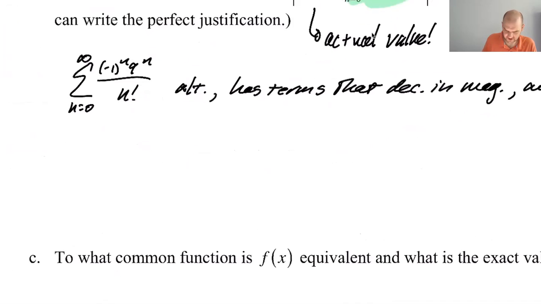Okay, so I'm just establishing that it's a convergent alternating series. Therefore, it converges by AST.